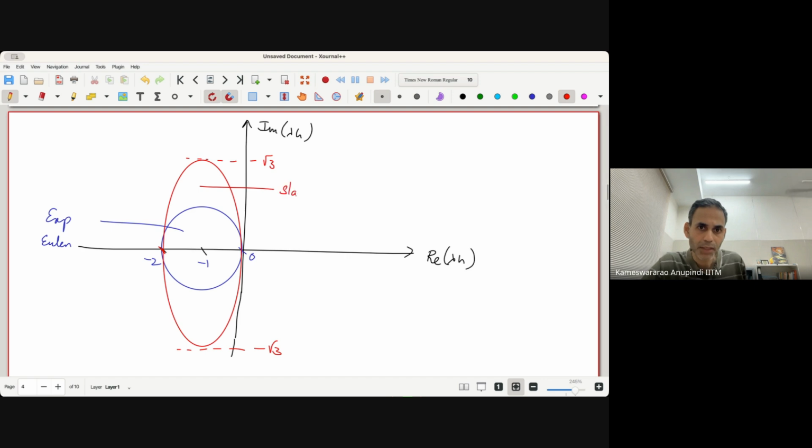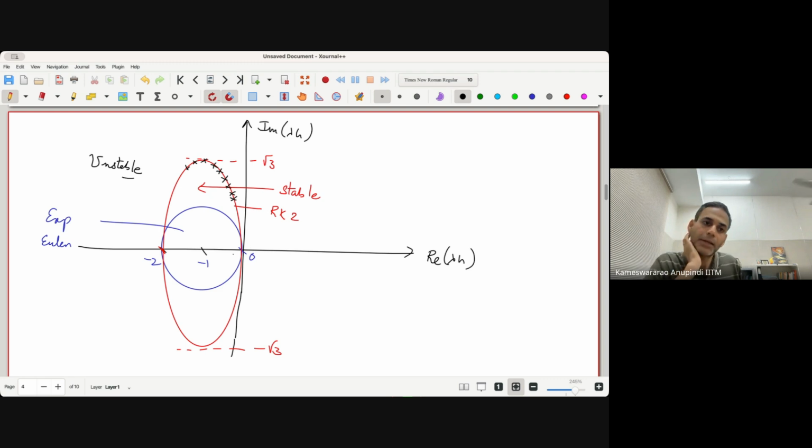Everything inside is stable. That is for the RK2 method, and everything outside is unstable. That means I have calculated lambda h for each and every theta, and that is what I have obtained as my curve. So what do we see?